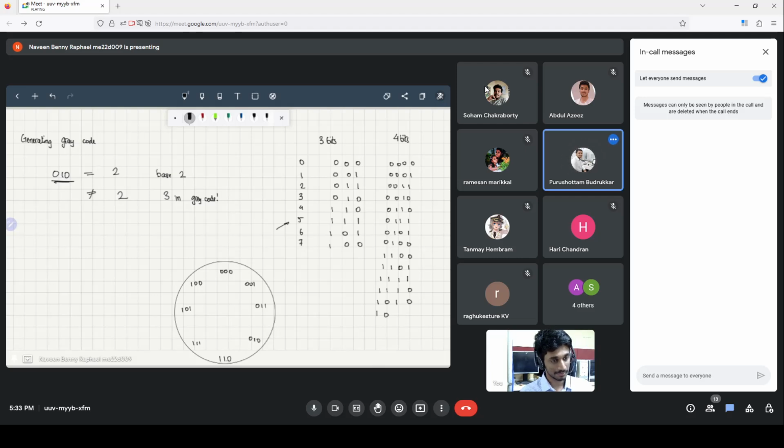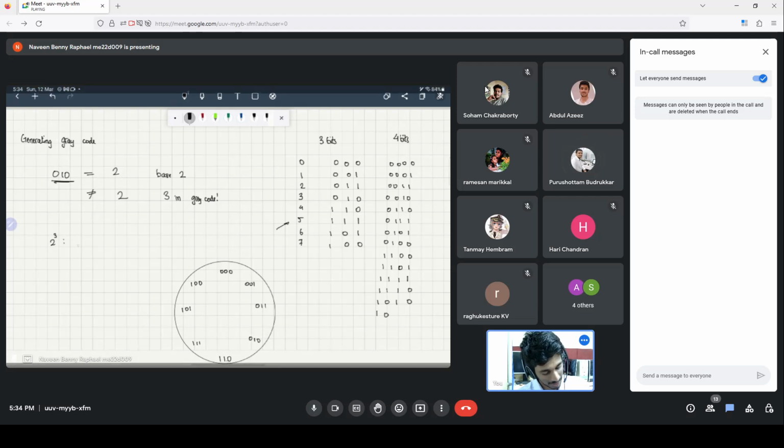Sir, in 3 bits, you have mentioned 0 to 7, while in 4 bits you'll have 0 to 15. How are these calculated? Because 3 bits means you can have 2 to the power 3 numbers.